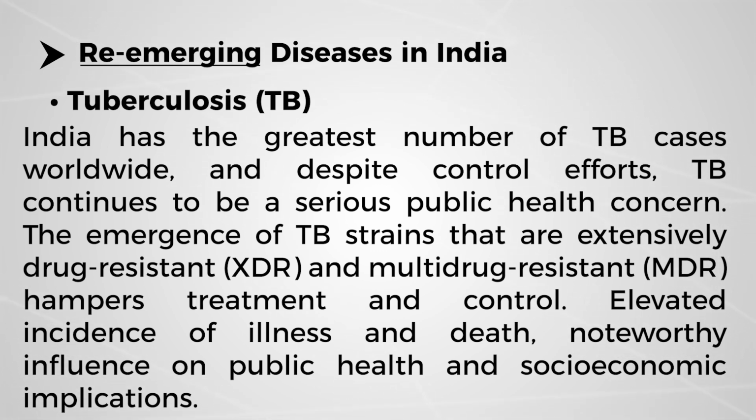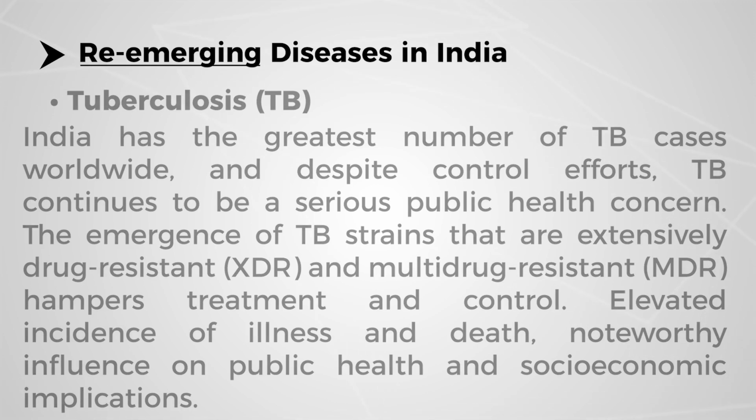If detected early, tuberculosis is curable. Drug resistance hampers treatment and control, with elevated illness and death and noteworthy public health and socio-economic implications. If you detect it early, primary health centers give drugs or medicines to cure the disease, and if you neglect it, it may be very dangerous.